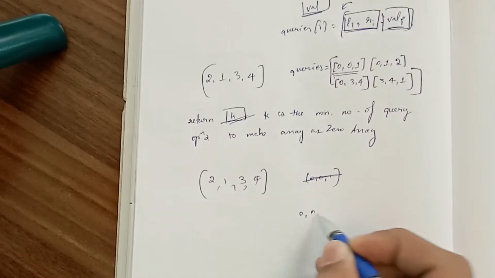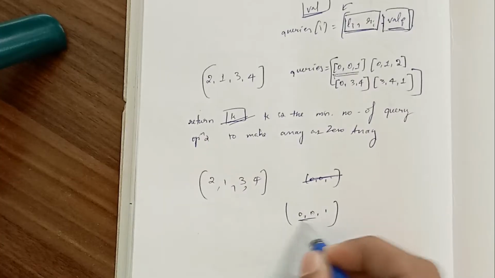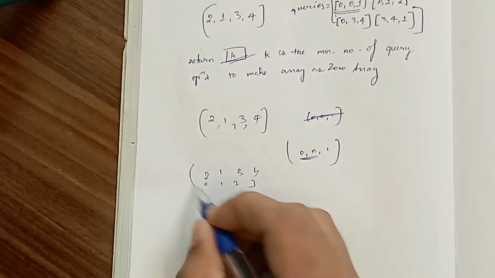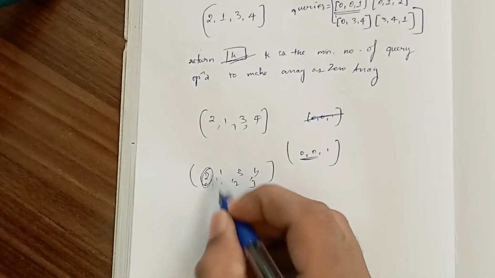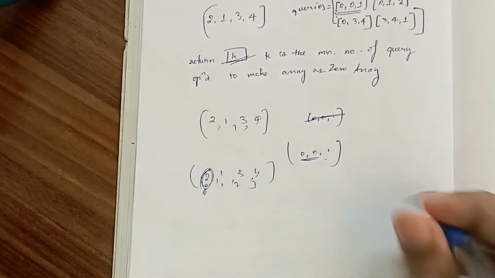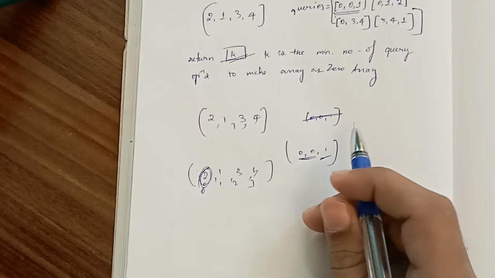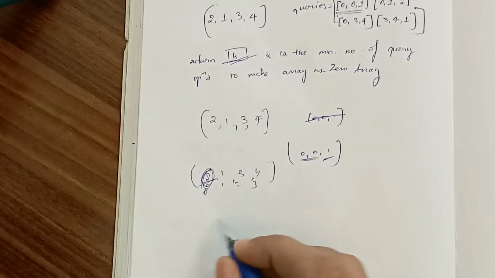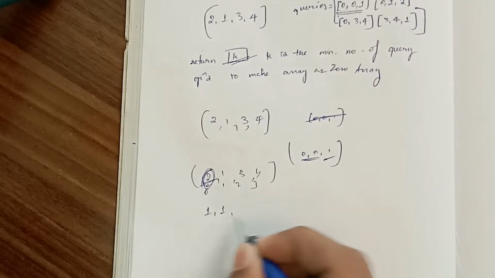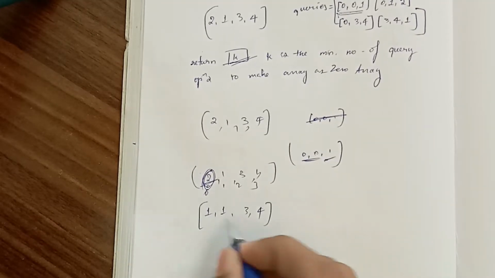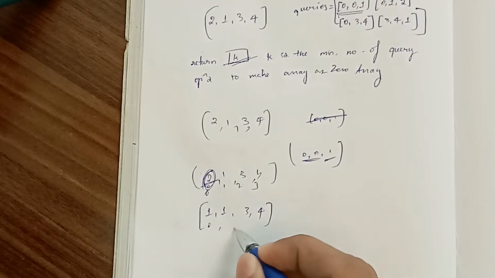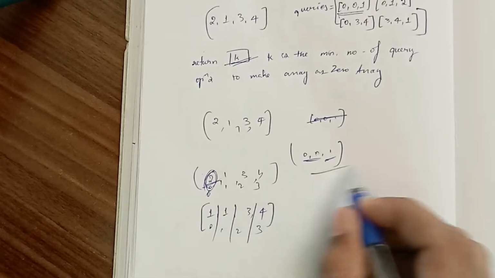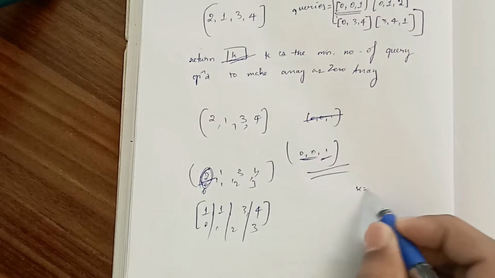Now we consider indices 0, 1, 2, 3. At most we can remove 1 from the element at index 0. If we remove it, we get the array 1, 1, 3, 4. So this is the array after doing the operation, k is equal to 1.